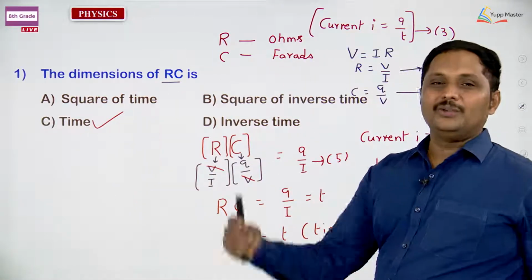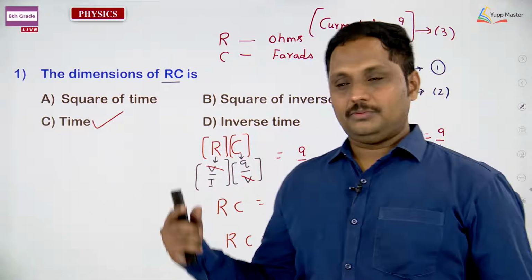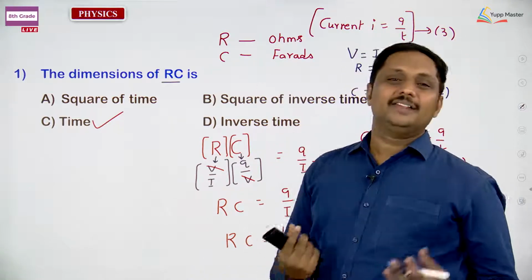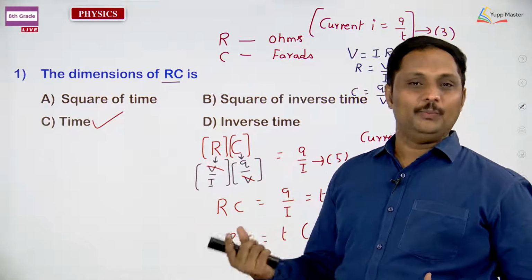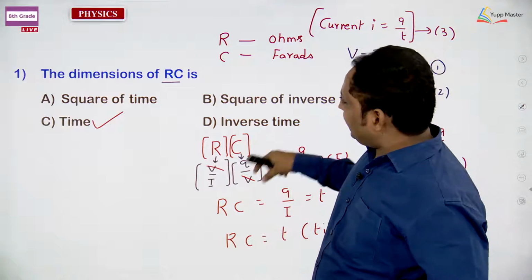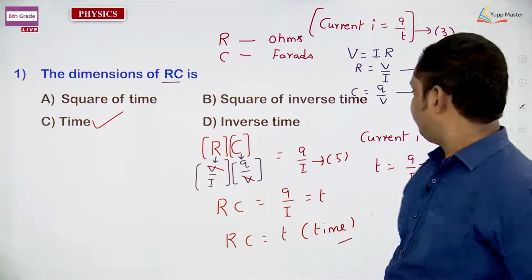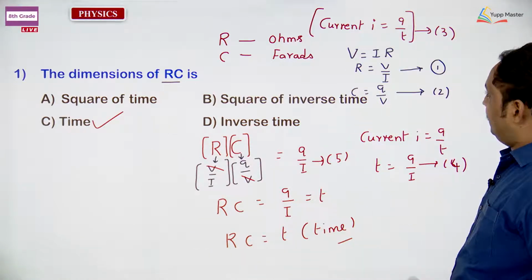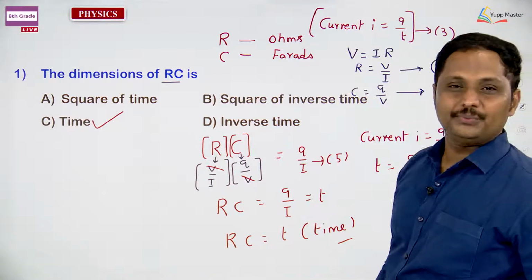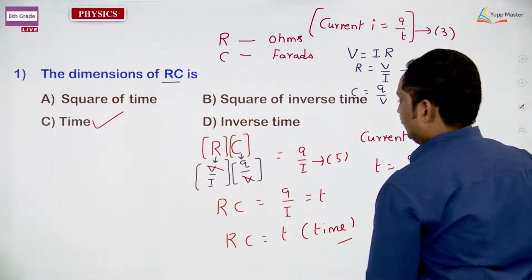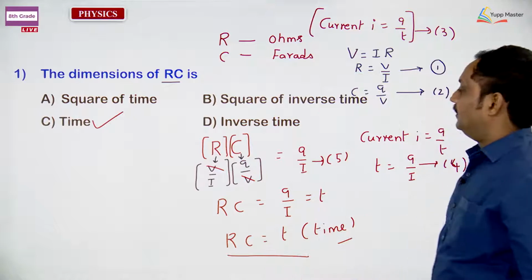R is the resistance, in ohm, and C is the capacitance. But how is it related to time? Just we have to see that. Previously it is very useful. It's very, very important.